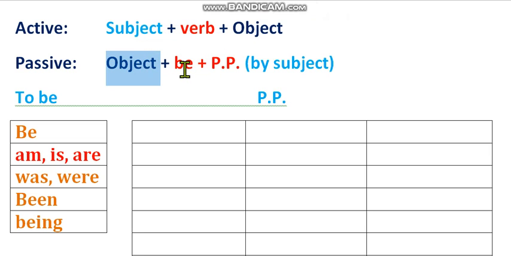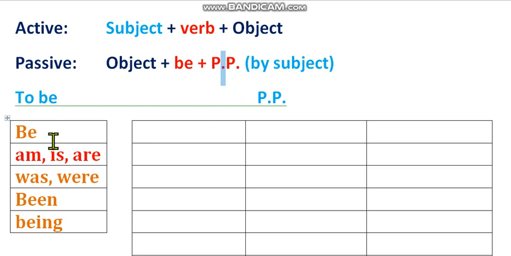The verb is changed into verb to be and the past participle. What is the past participle? That's what we're going to see now. And here, it's optional to mention the real subject at the end, referring to him with by, like by Dina, by the workers, by my mother or my sisters, and so on.